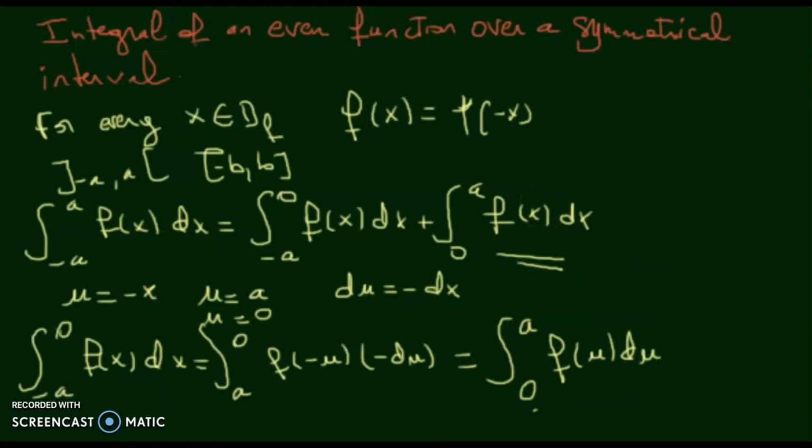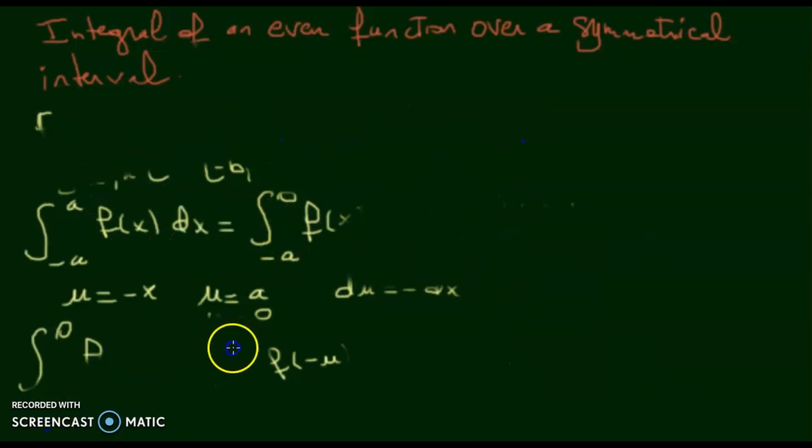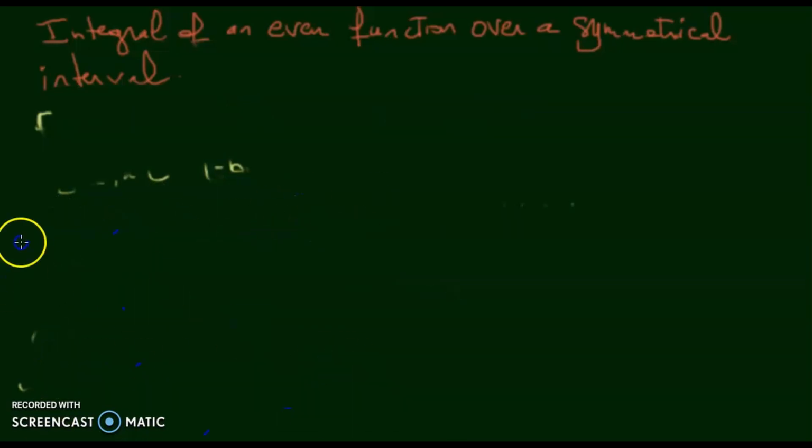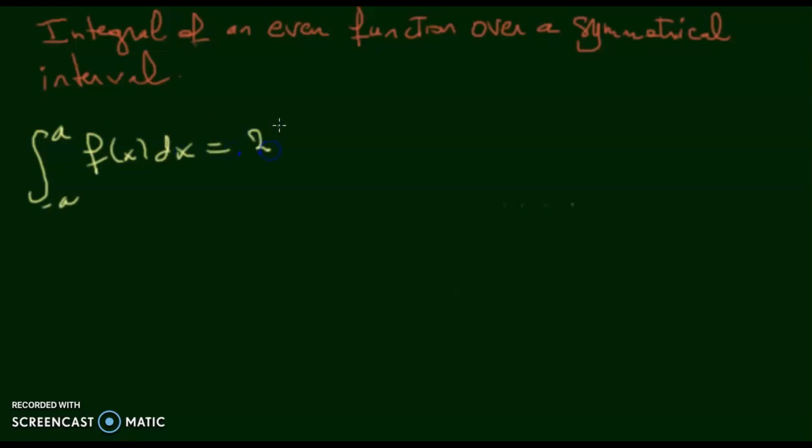And so the conclusion we come to is that the integral from -a to a of f(x) dx equals 2 times the integral from 0 to a of f(x) dx.